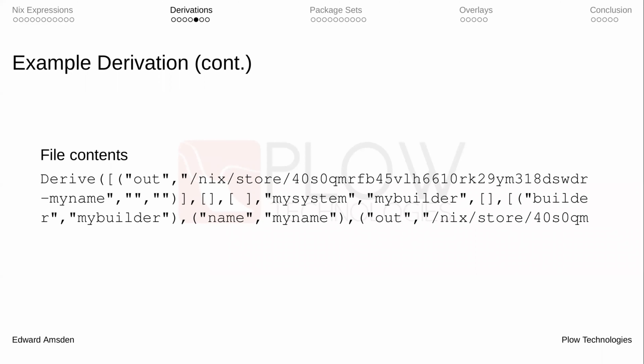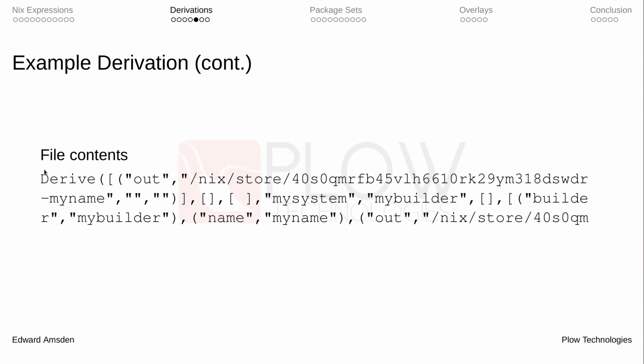If we look at the .drv, it sort of got cut off with the last one here, but this is what it looks like. This is actually a supposedly interlanguage format for serializing expressions called aterm, and I haven't actually seen it used outside of Nix.